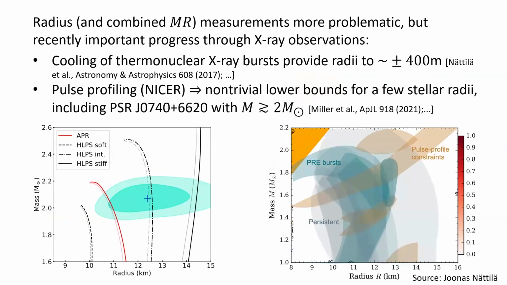Now, of course, you can ask, how about radius measurements? And this is then already a much more complicated story, given the fact that neutron stars are so incredibly small, of the order of 10 kilometers or 12 kilometers in radius.